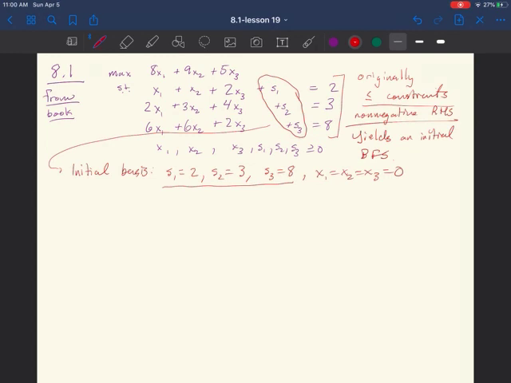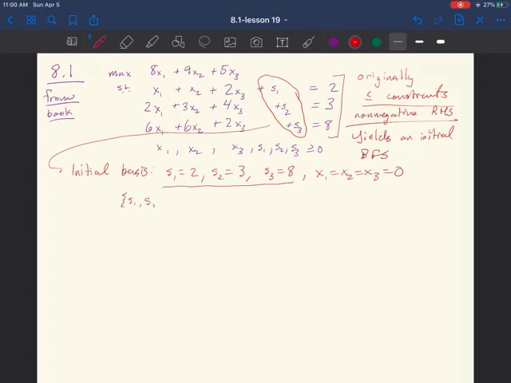If you have the identity matrix structure like you do there, that's always a nice one to choose. It has all the nice properties that we require, and it's going to be feasible as long as the right-hand sides are non-negative.